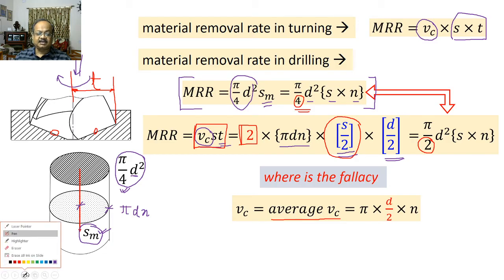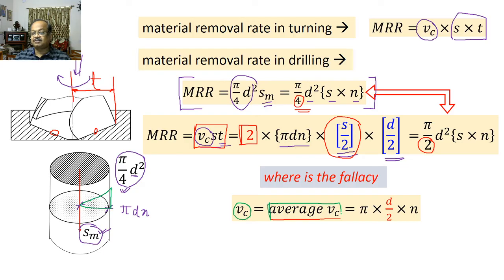So there it is also 0. So the velocity distribution along the radius is triangular, because of which for Vc you have to use the concept of average Vc, and Vc instead of being pi dn would become pi d by 2 into n. So this is the fallacy which we were missing.